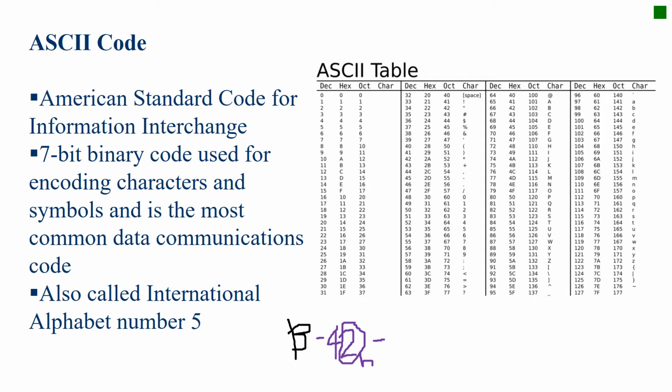In binary, 2 is 0010. So, we translated hexadecimal character 2 in binary as 0010.